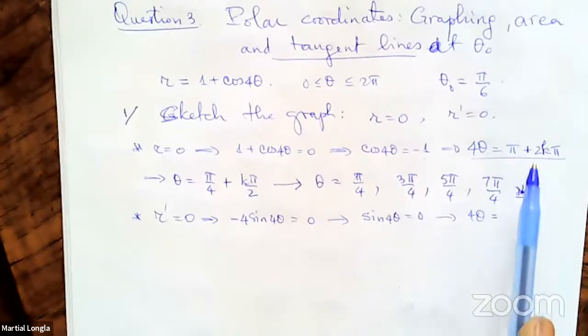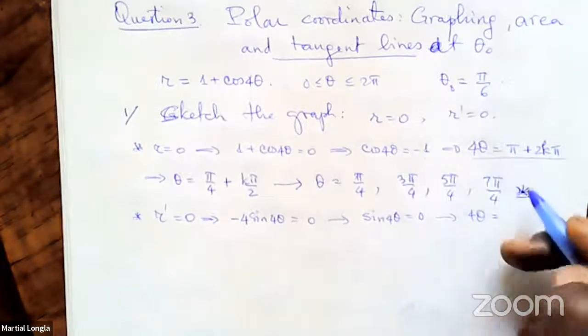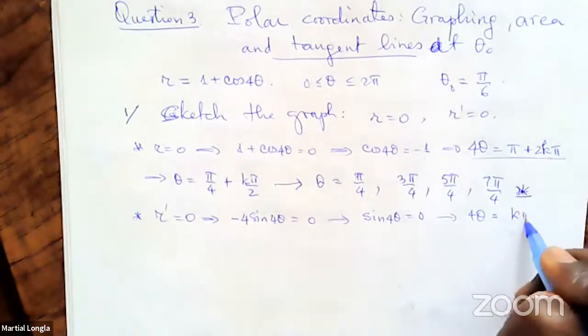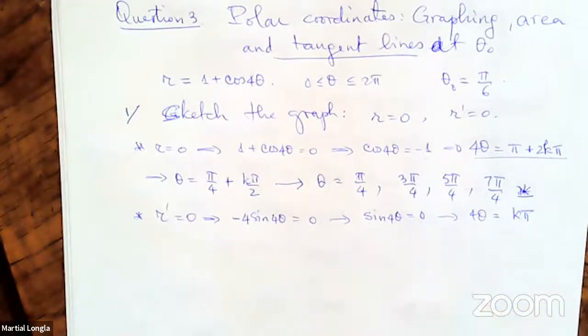You need to solve the way the other one was solved. It needs to have a k in there. Would it be 0 plus k pi then? K pi, that's it. That's how you solve a sine equals 0.